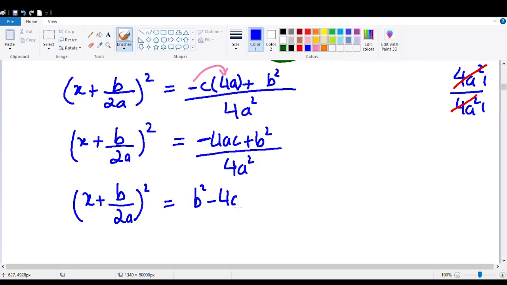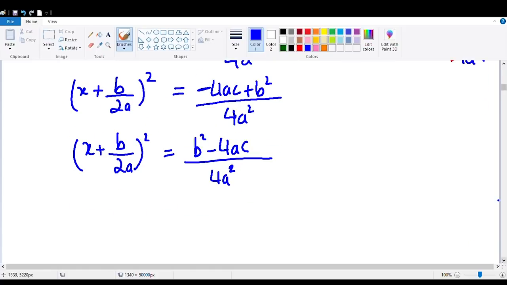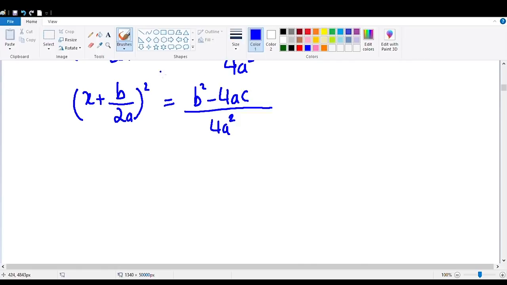We didn't really change anything, just reordered it so that it looks better, with the positive term first. Now we wanted the value of x, so we need to take the square root on both sides, so that we will get the value of x.